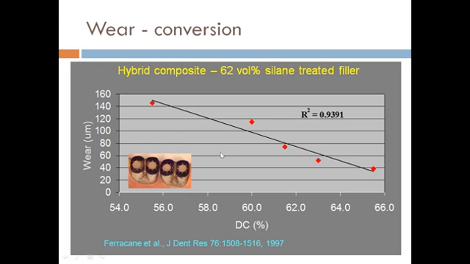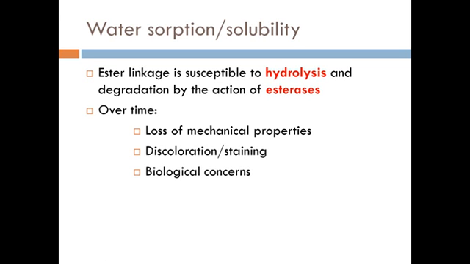They were able to correlate the wear with the degree of conversion. As you increase the degree of conversion here on the x-axis, you see a decrease in wear. There was a pretty strong correlation. This was done clinically. It's a pretty cool paper that came out in JDR in 1997.